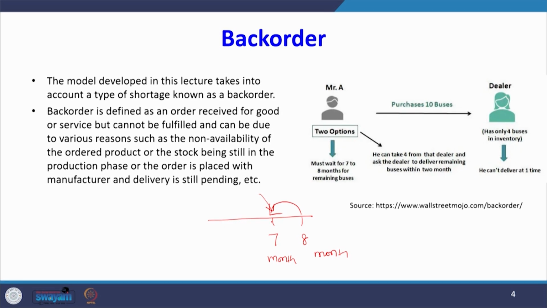For example, in the same problem, 10 buses are required, but we are able to fulfill only 4 buses. So, the remaining 6 is the shortage. The remaining 6 we will manufacture in the 8th month, and then we will supply those remaining 6 buses to the previous month's order. So, this is the meaning of back ordering. We are going to consider this concept of back ordering whenever a shortage occurs.